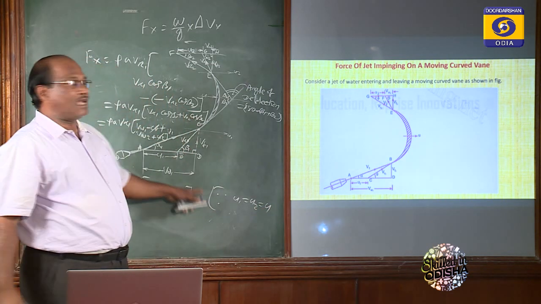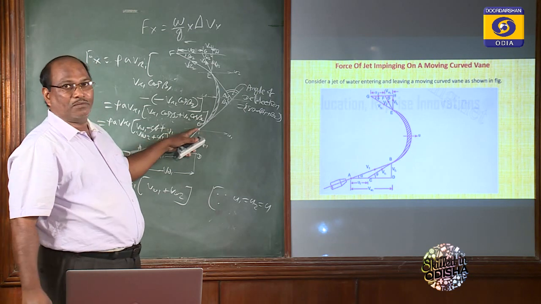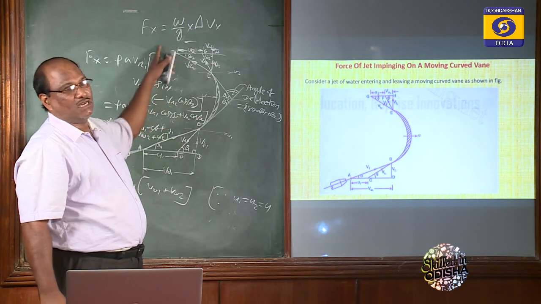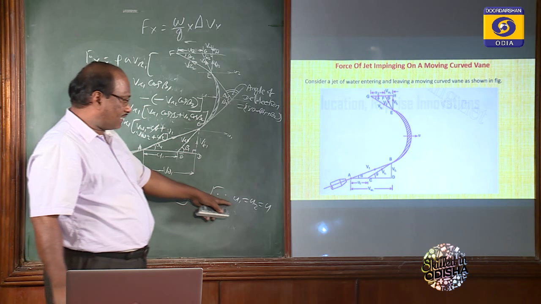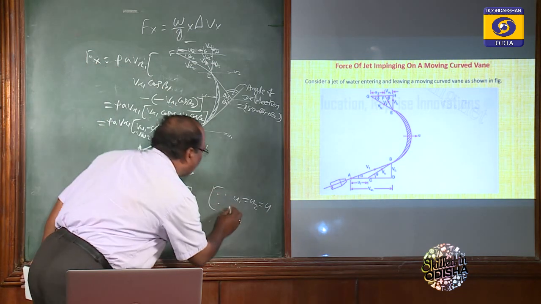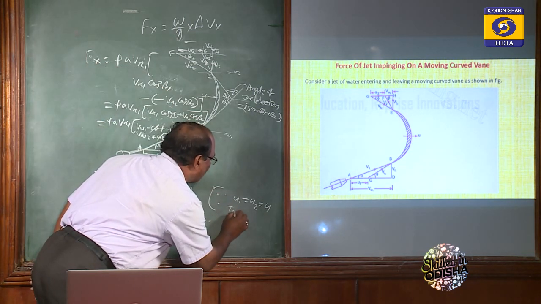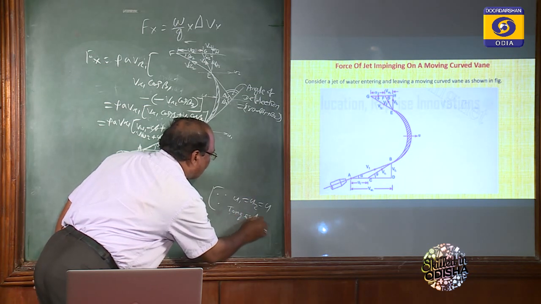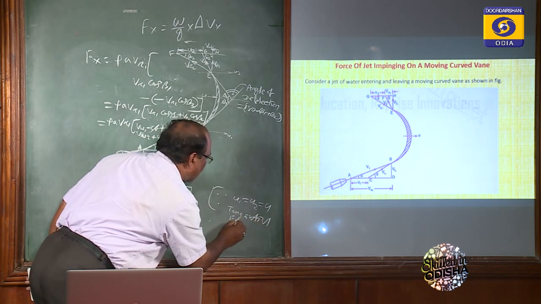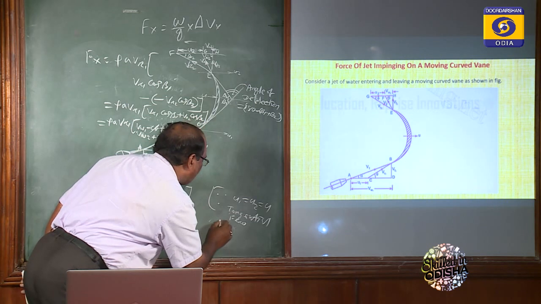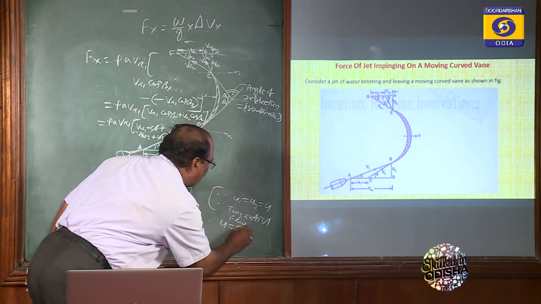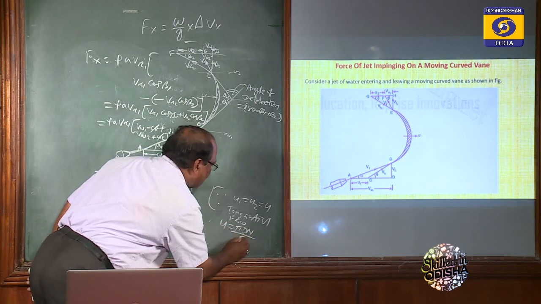As the jet is striking tangentially at one tip of the blade and leaving tangentially, due to tangential flow, U equals pi D N by 60.